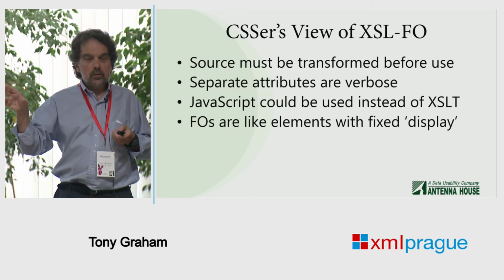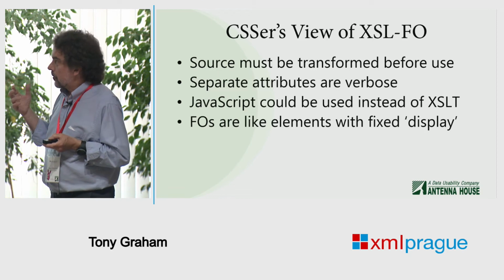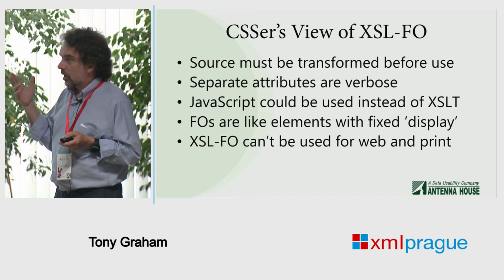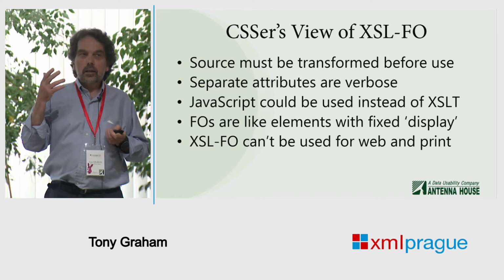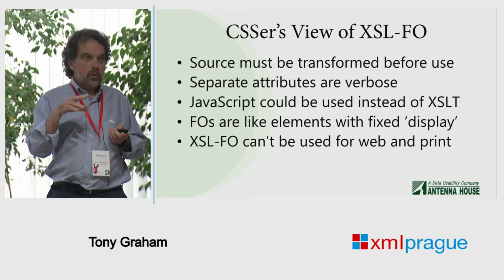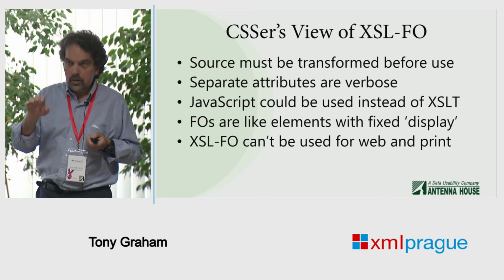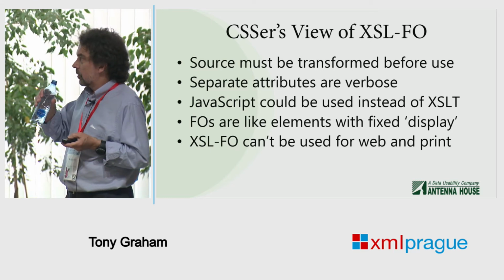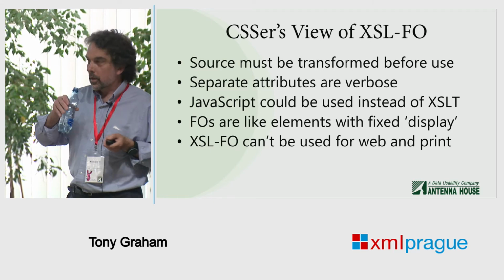You don't need to change it on the fly when you're formatting. XSL-FO can't be used for web and print. That is for the most part true, although Ken Holman demonstrated or talked about something yesterday where he generates EPUB from his XSL-FO, although that is not widely used.